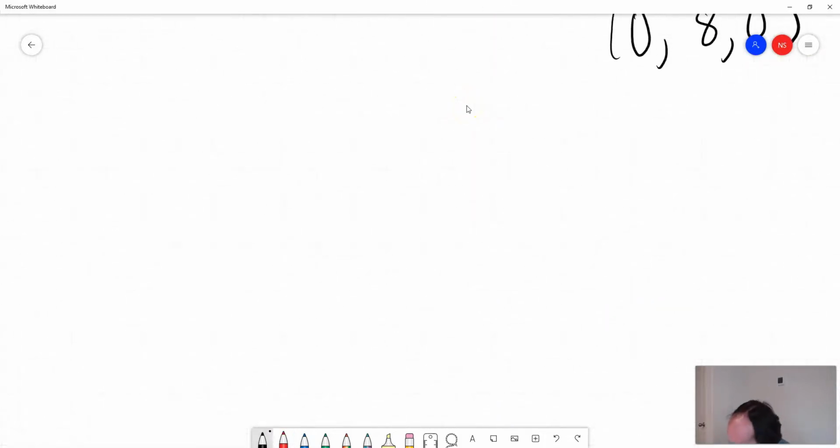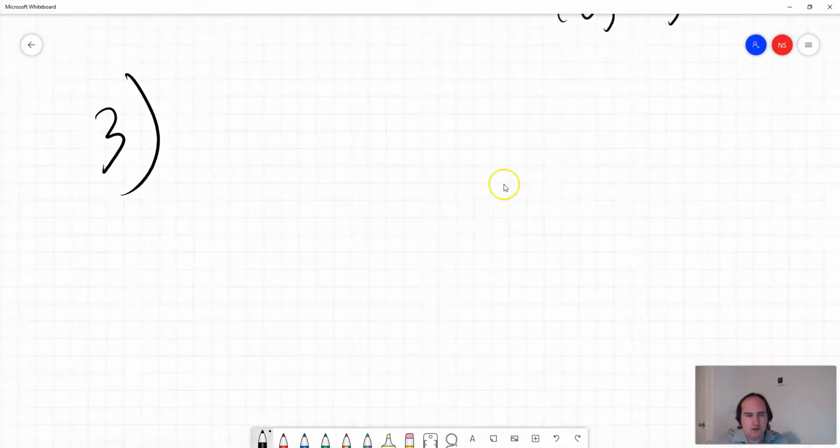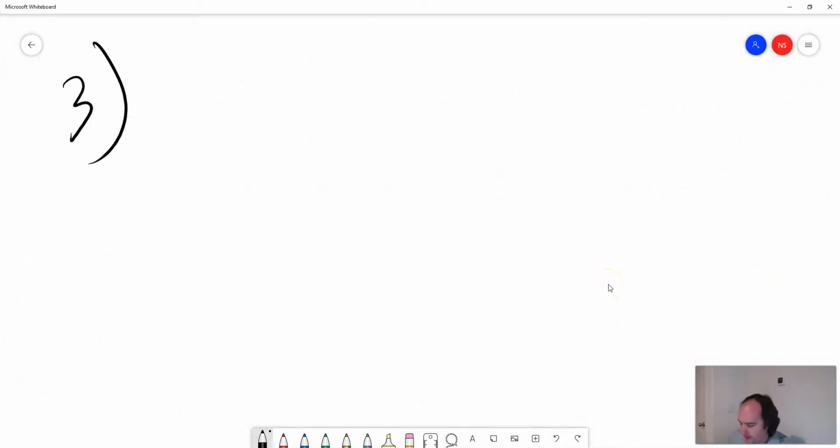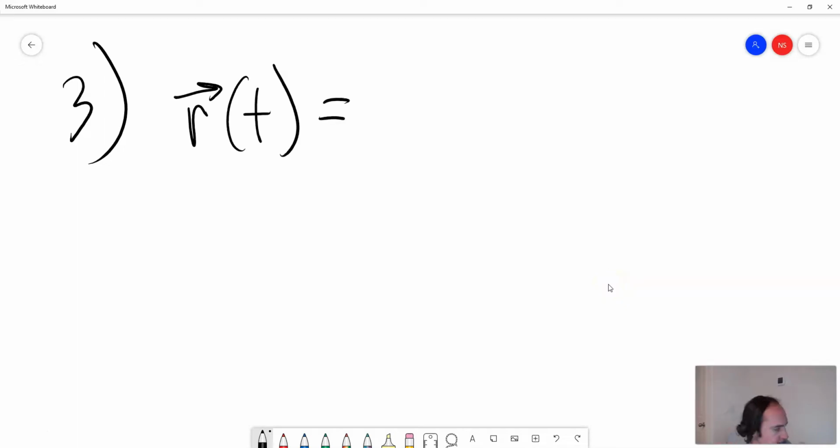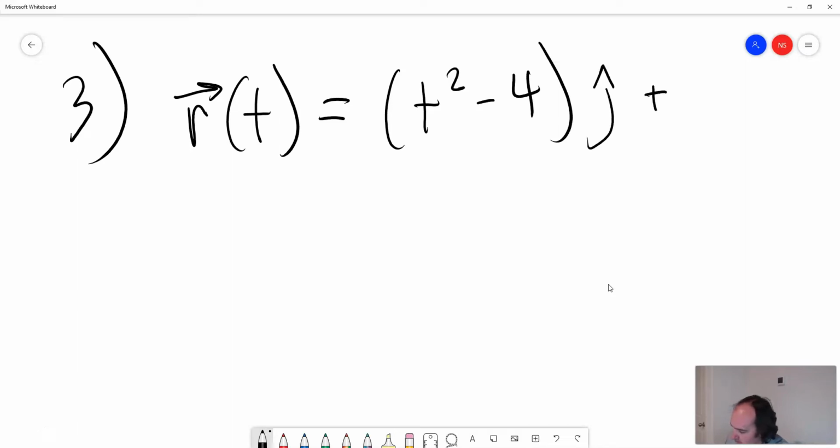Okay, so for example number 3, we're going to graph the nonlinear equation r of t equals the quantity t squared minus 4 times j plus 4t times k.